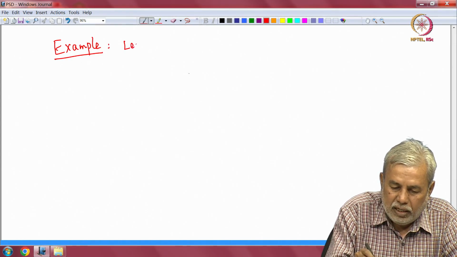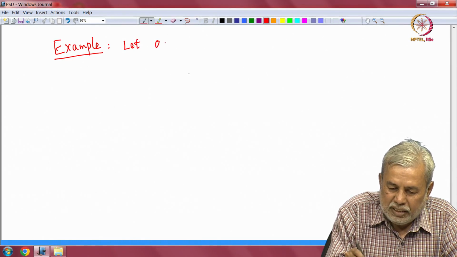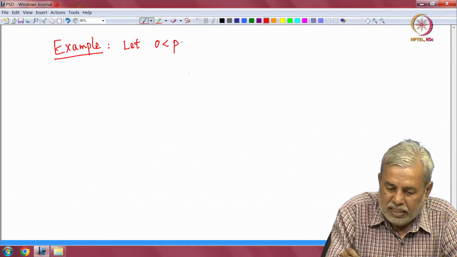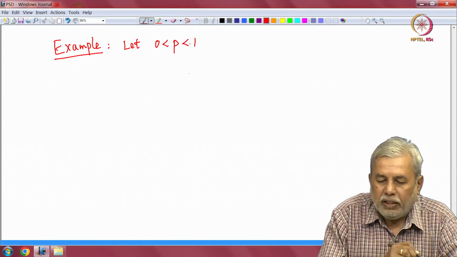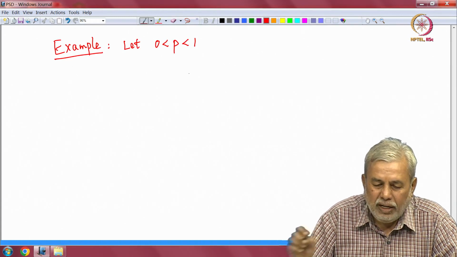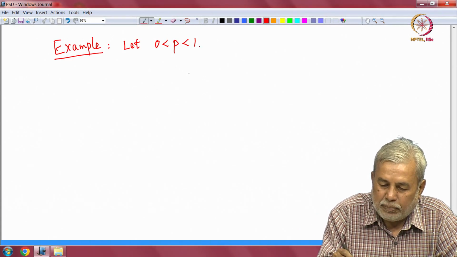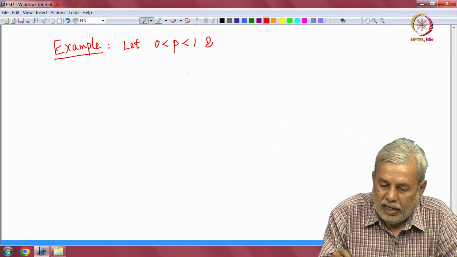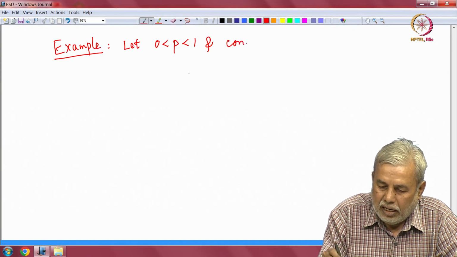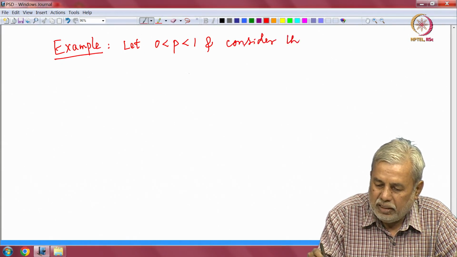So, these are L^p spaces, but now the range is 0 less than p less than 1, and consider this space L^p(0,1).